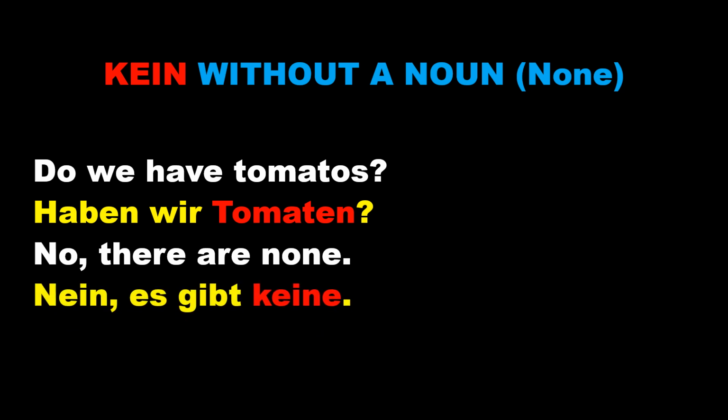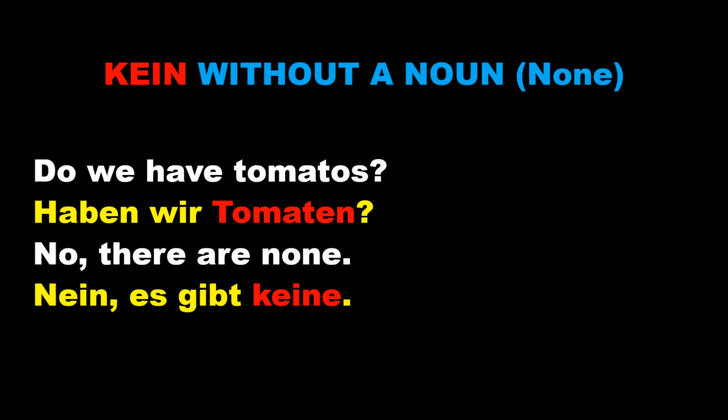That is how we will translate it. Nein, es gibt keine. What does that mean? In this sentence, tomatoes are already there. The noun is already there. We don't need to write it again. So we use it like this. Nein, es gibt keine. I hope this explanation is clear to you.